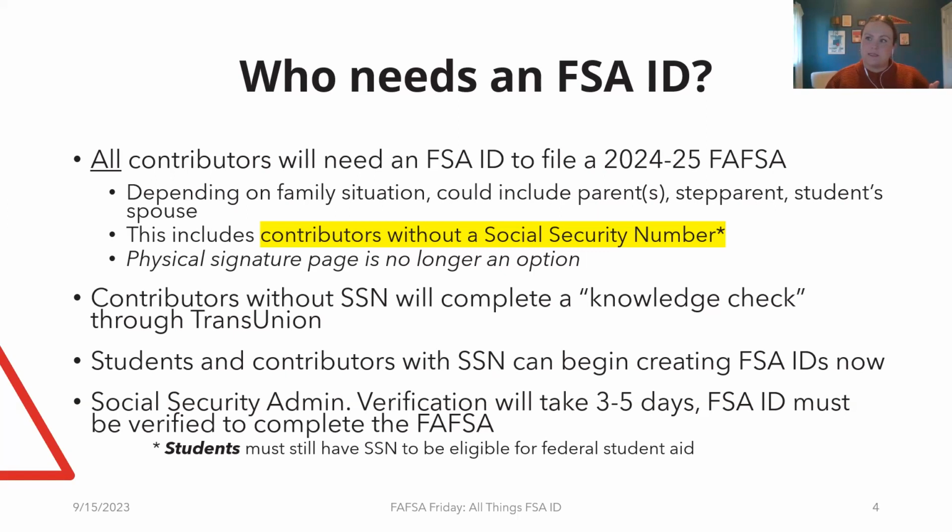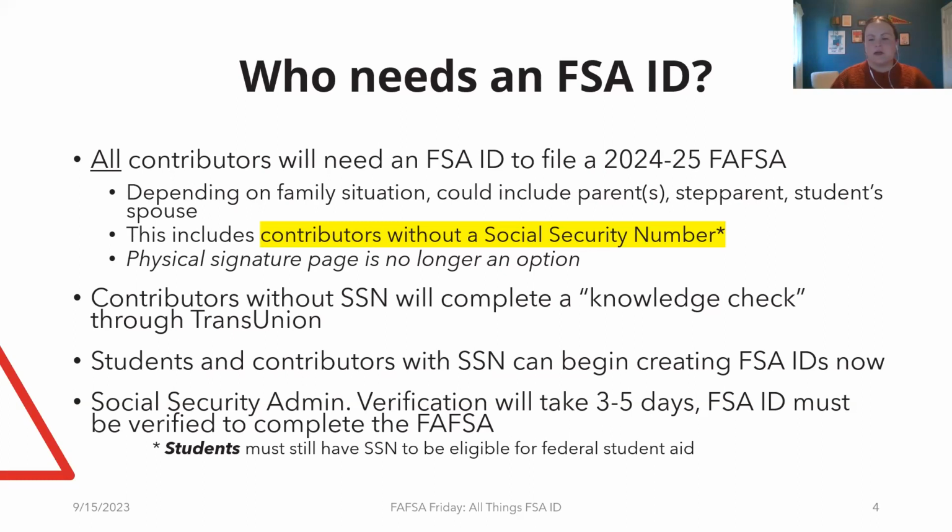So Federal Student Aid has announced kind of what the process will be for these folks who don't have a social security number to use to set up their FSA ID. They will go through a knowledge check through TransUnion. This knowledge check is going to use some publicly available data and records to confirm their identity.